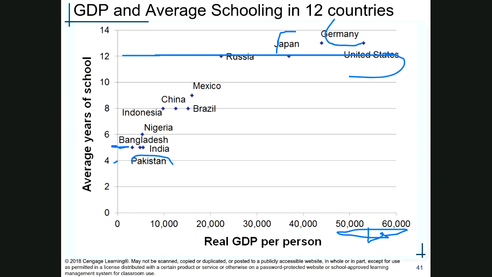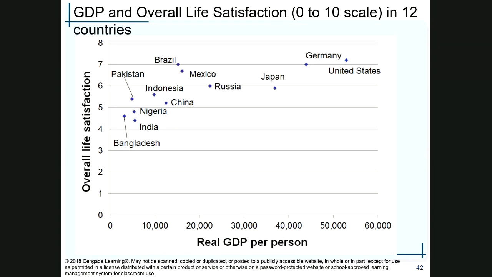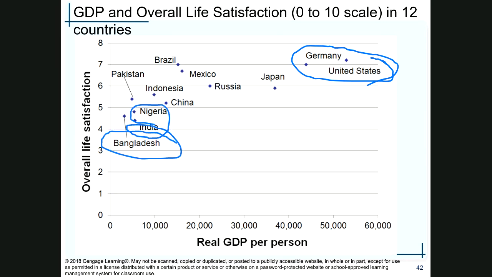There's not that much schooling, not enough schools to go to, right? Another criterion is overall life satisfaction. You take a poll, and here they might say we are happier than the people in Bangladesh, India, or Nigeria, where real GDP per capita is lower.